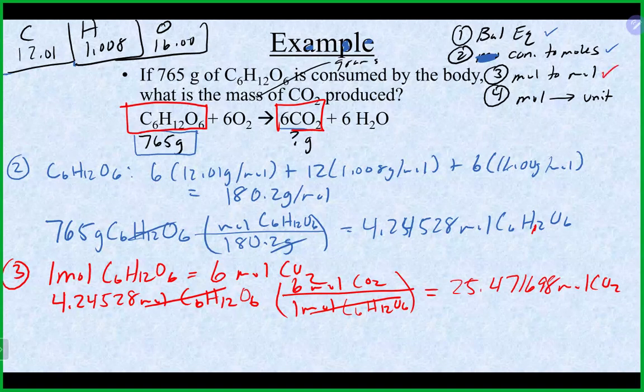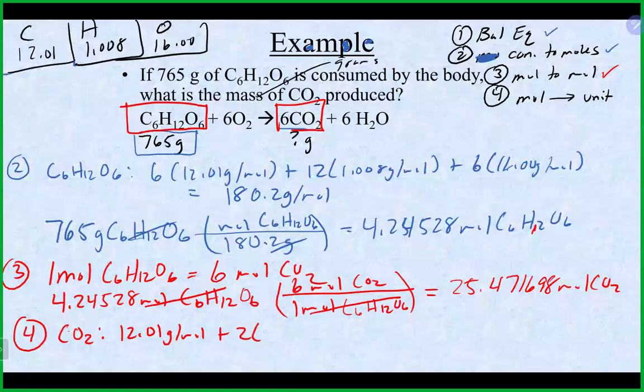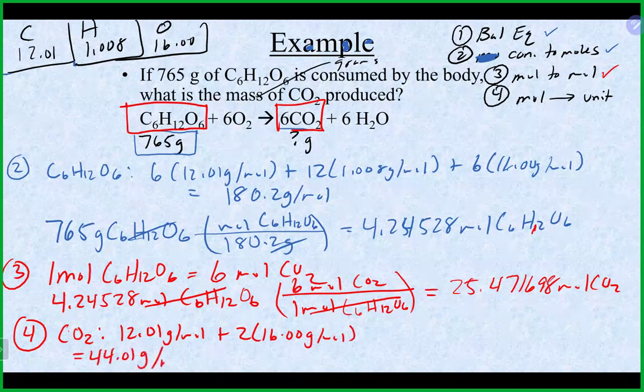Lastly, we want grams, so we again have to go back to the periodic table and calculate the molar mass of CO2. That's 12.01 for our carbon, plus 2 times 16 for our oxygens. That gives us 44.01 as the molar mass.